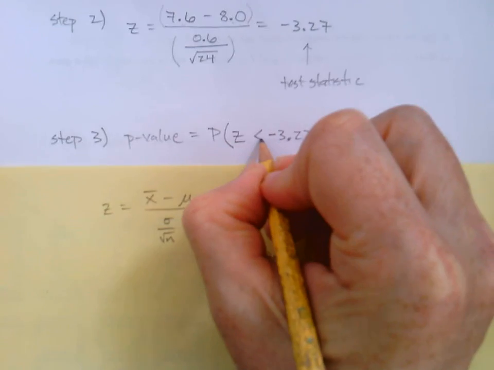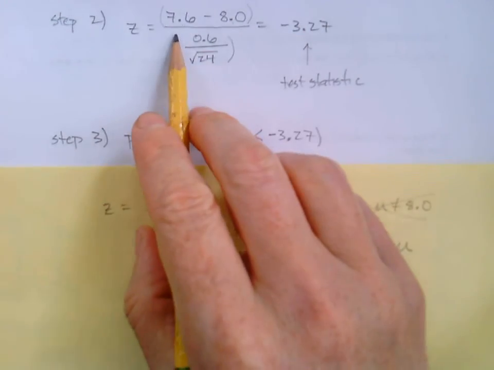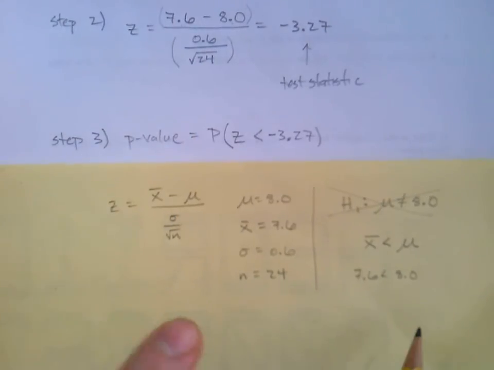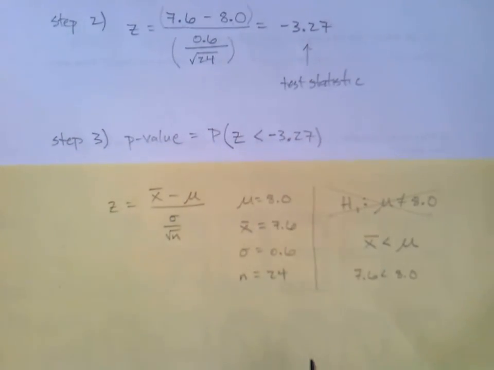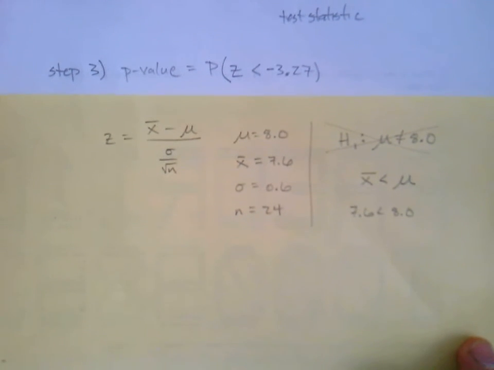So we're going to use a less than. It's a two-tailed test, right? It might have gone either way. The sample might have been bigger, might have been less. It turned out it was less, so we use a less. Hopefully that makes sense. Let's go on.